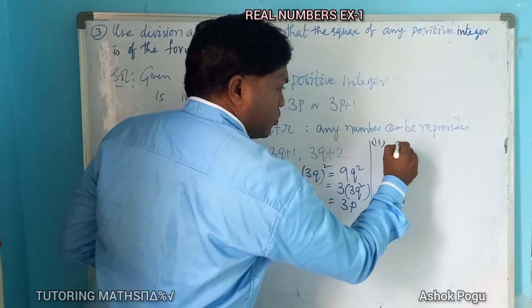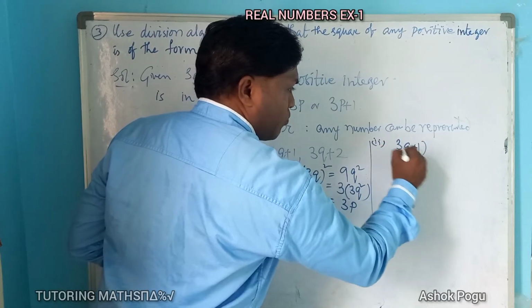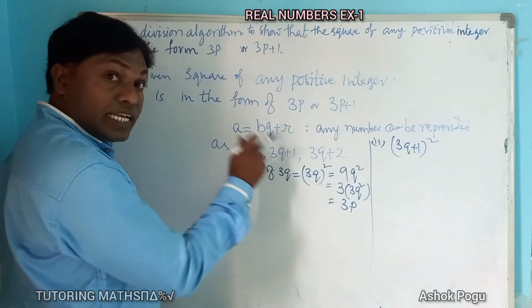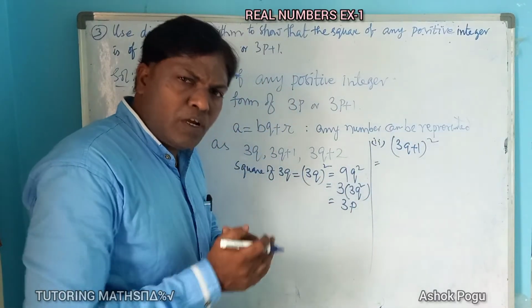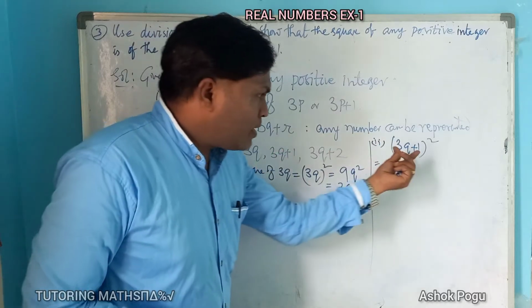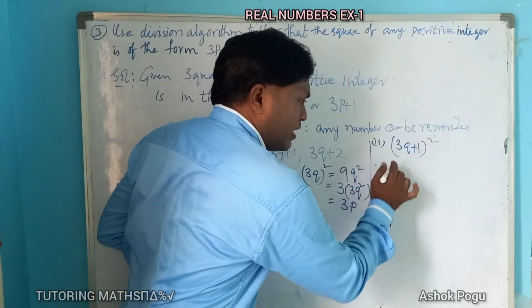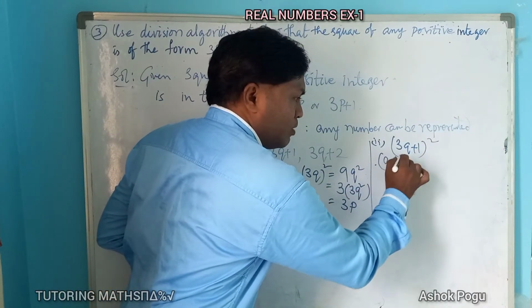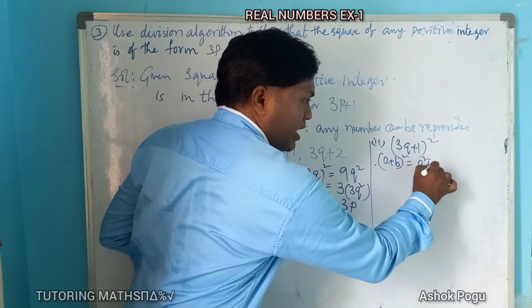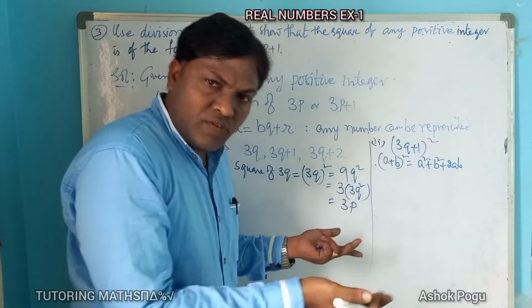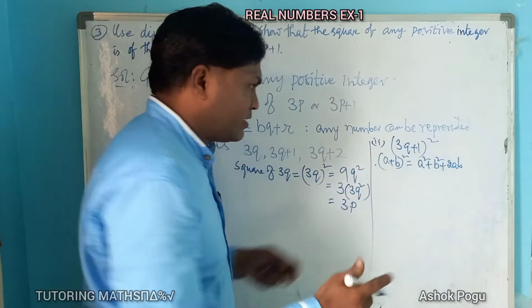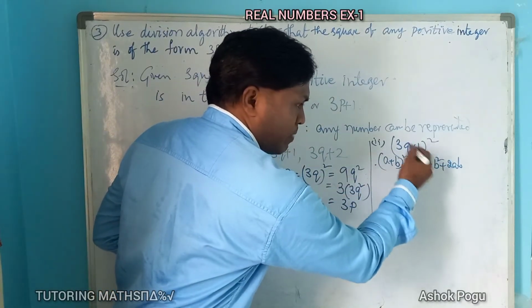Case number 2, that is 3q plus 1 whole square. What is this? It is in the form of a plus b whole square. As you know, write the formula first. A plus b whole square is a square plus b square plus 2ab, or a square plus 2ab plus b square. You can write like that. Now just apply the formula.